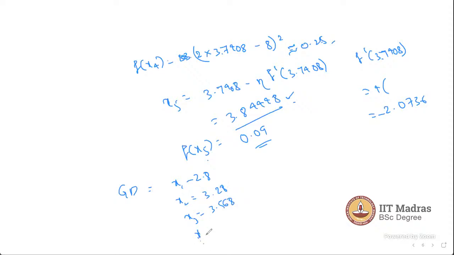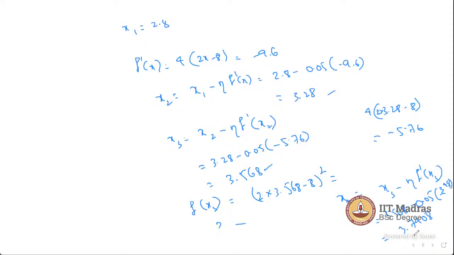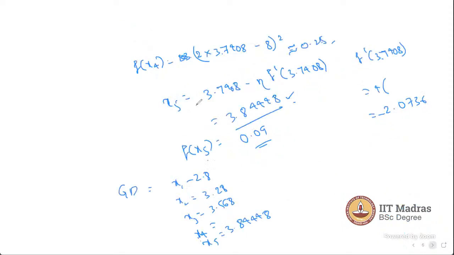We had x4 as 3.7408, and then at x5 we got the solution 3.8448.